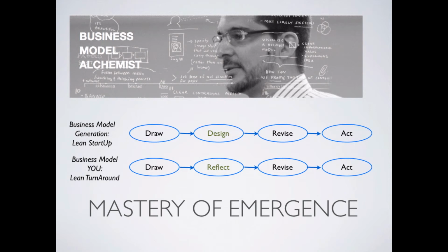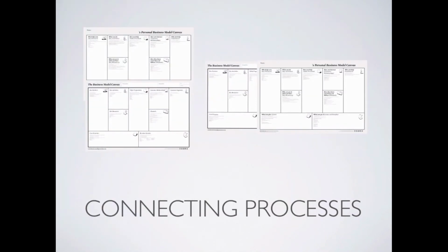So, what do we call you, oh great wise business model alchemist? Well, a good title comes from trying to resolve another issue we sort of discussed in the Business Model U forums. We have different personal and organizational models that are kind of flying around all over the place, and how do we connect them?